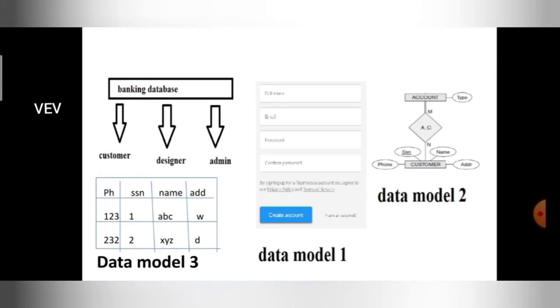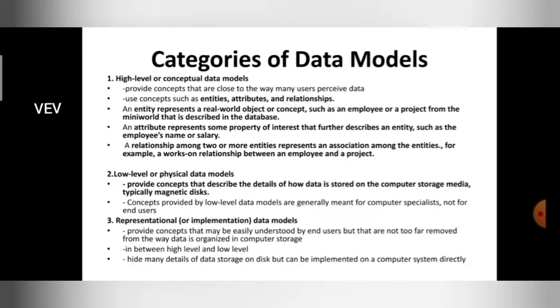In data model 3 you can see how the details are stored. Getting, guys? This is the low level data model. Low level data model means the storage information will be shown in this type of data model. You can see that data model 3 shows how the data is stored. How is it stored here? In table format. Hope you are understanding, right?